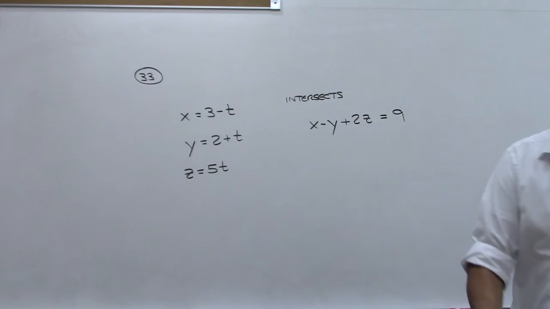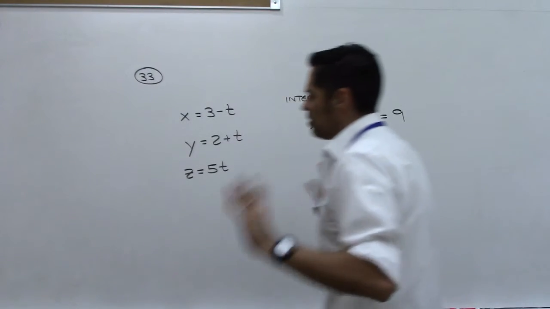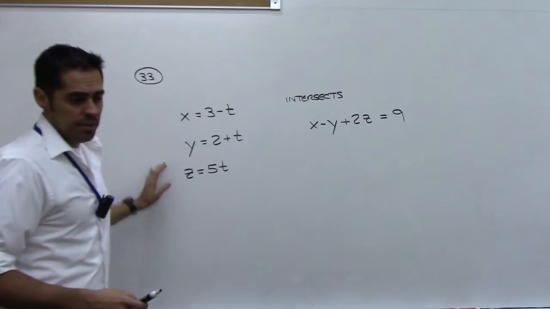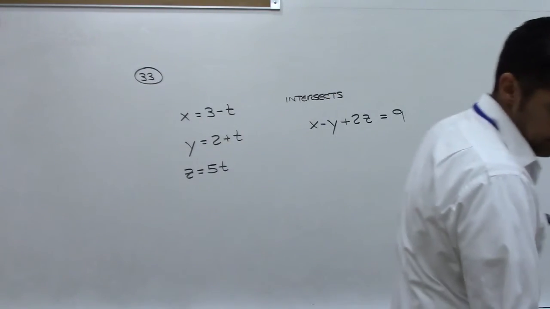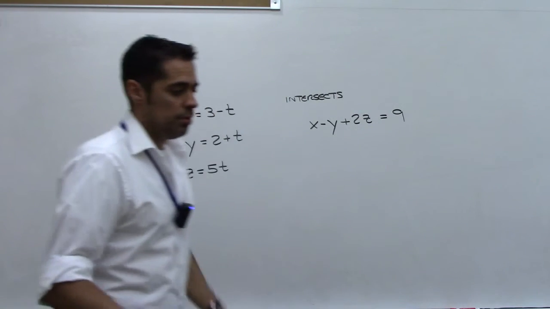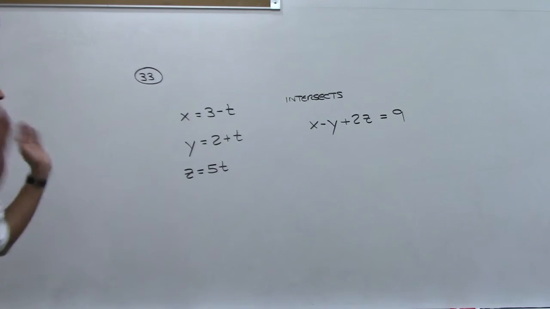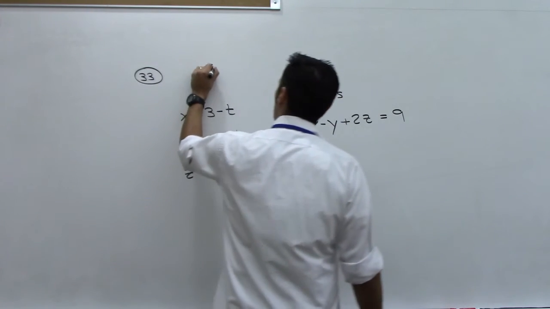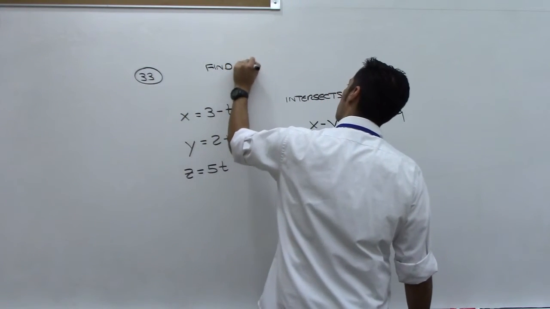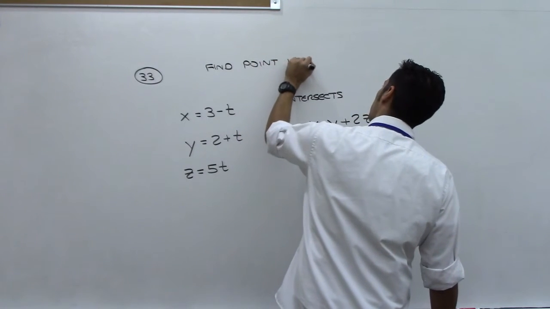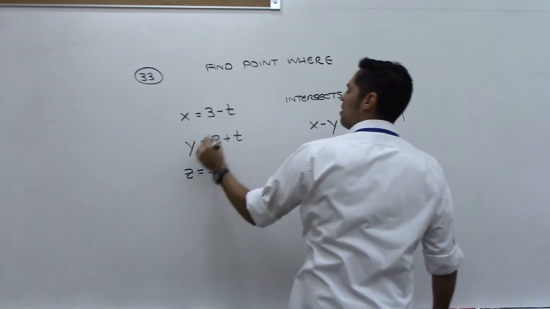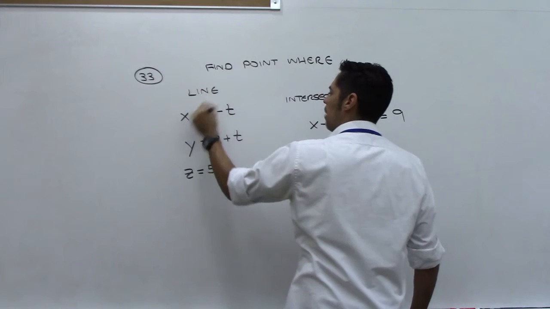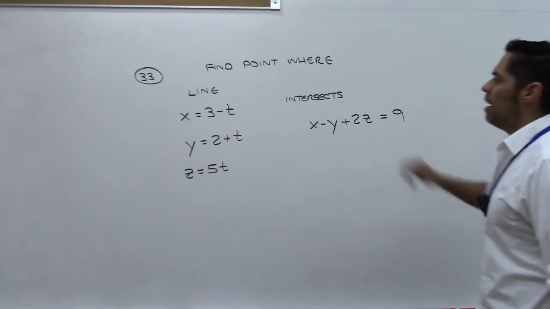All right. So this is the first problem since number 21 all the way to 32. You're trying to find the equation of plane, equation of plane, equation of plane. This one's totally different. This one is saying find the point where this line right here intersects this plane.